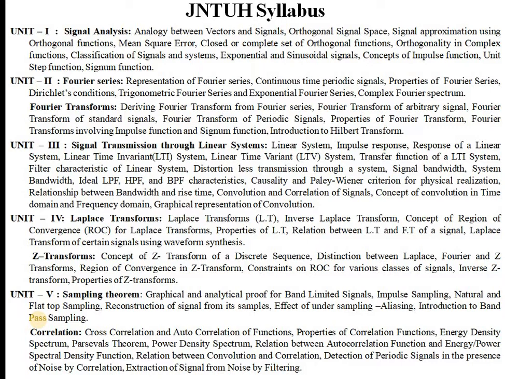We will also see what is meant by a Fourier spectrum, what kind of information a frequency spectrum gives us, and why it is very important to represent any particular signal with its frequency spectrum. We'll try to understand these topics in unit 2.